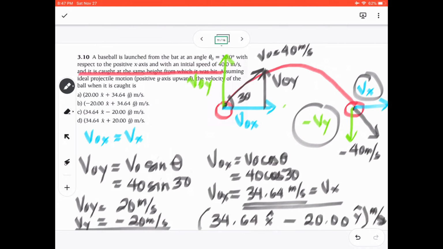If you want to solve for the velocity, of course you can use the Pythagorean theorem, but in our choices it's not given as that, it's given as vectors. So you can write it in this form only. Okay, so the answer here will be letter C.